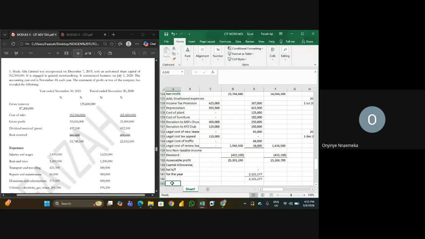The restriction cannot apply because this figure is small compared to the assessable profit. So the restriction probably would not work. So let's just remove it straight away.